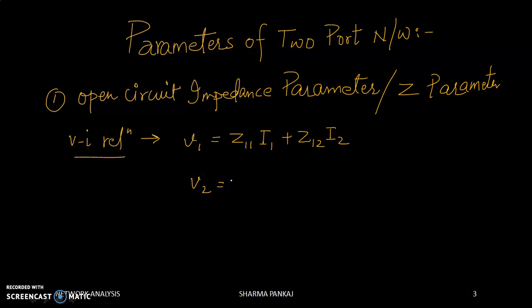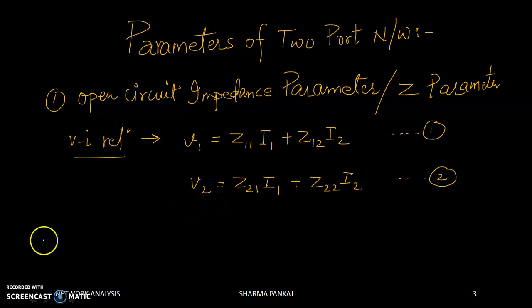V2 is equal to Z21 I1 plus Z22 I2. We are writing this equation for port number 2, because V2 is defined at port number 2. Please take care of it. Call it equation number 1 and equation number 2.